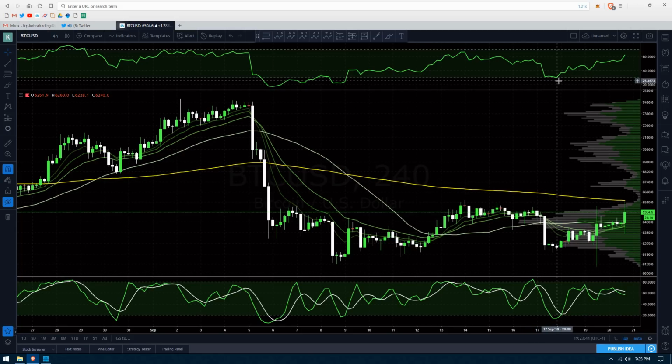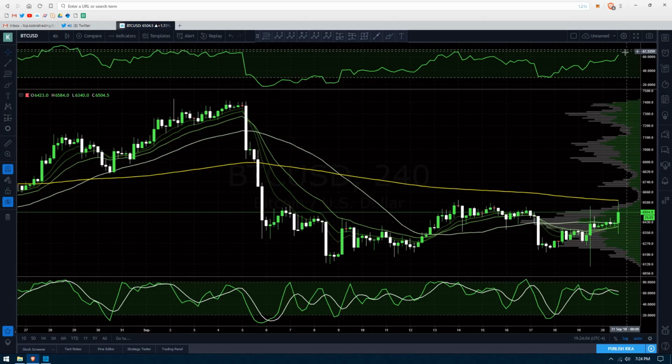As you can see here, when we bottomed out on the RSI at this bottom level, we made a call, I think a week or so ago, that the market was going to go up. That was actually a really nice pop that we got. We went sideways for the next day and a half, and then we continued on our way up. Now we are starting to climb into the overbought area up here.